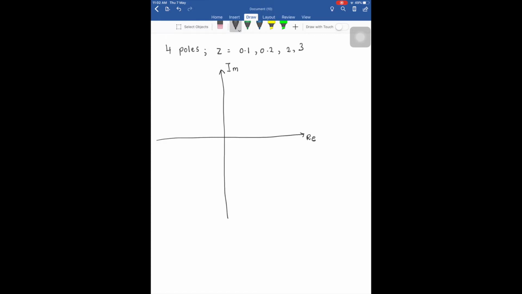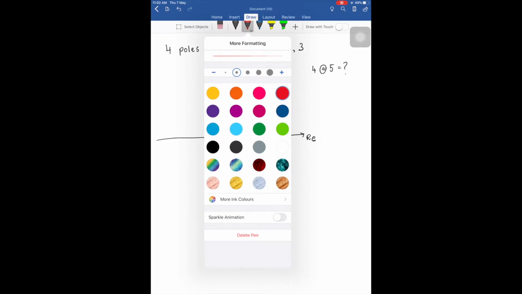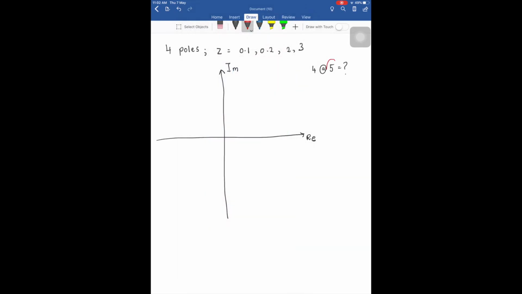Is it 4 or 5? The answer is you're going to have 5 ROC.